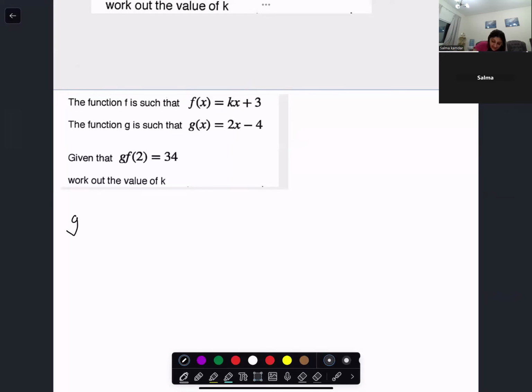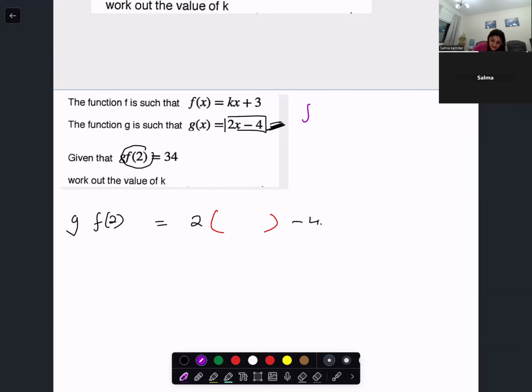That means everything has to be put in the function of g. Okay. So g, it would be 2, whatever is the value of f2 minus 4. So g of f2, that means g of f(x).